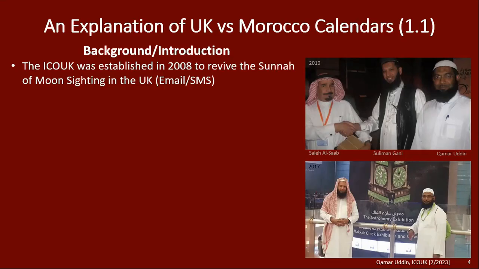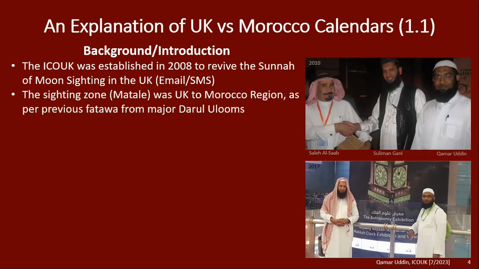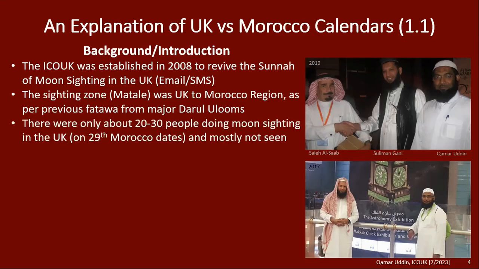So we started that project, and we inherited the sighting zone for historical reasons, that is between the UK and Morocco, as we had a number of fatwa from major Darul Ulums.